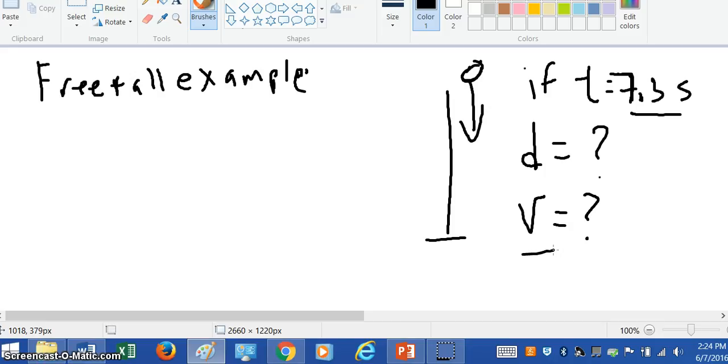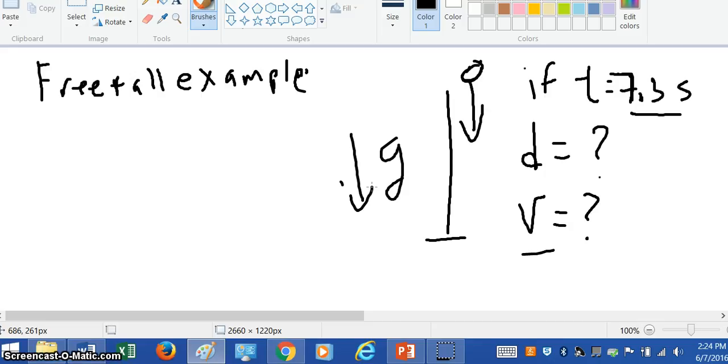By the way, this works equally well if the ball was projected upwards. We'll try an example like that in just a moment. All right, so our two equations are the general acceleration equations, but with little g involved, because little g is the acceleration due to the Earth pulling down.